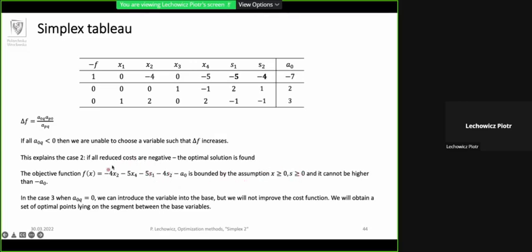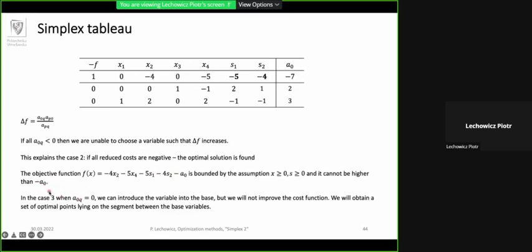So the maximum value for this objective function is equal to -A0, because if any variable is greater or equal than 0, we will decrease the value of the objective function, because each of the variables is multiplied by a negative value. So the maximum value of this objective function is equal to -A0.